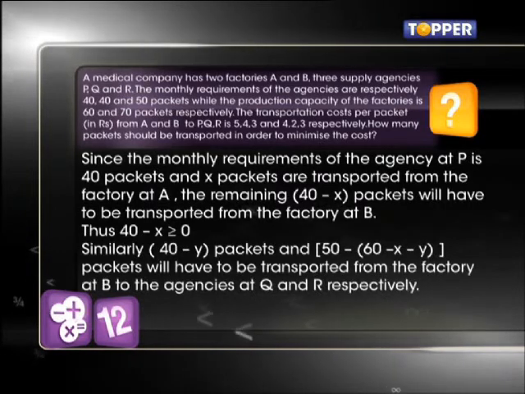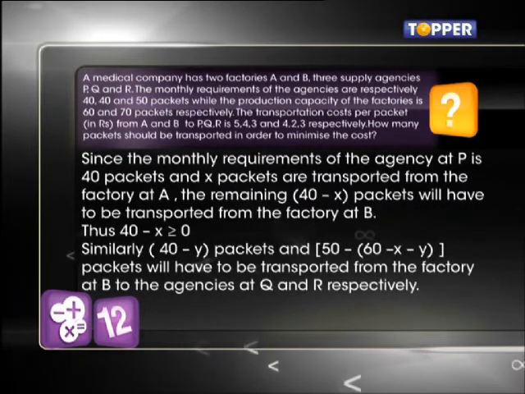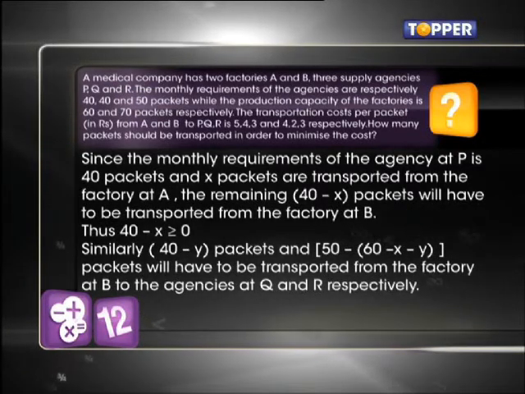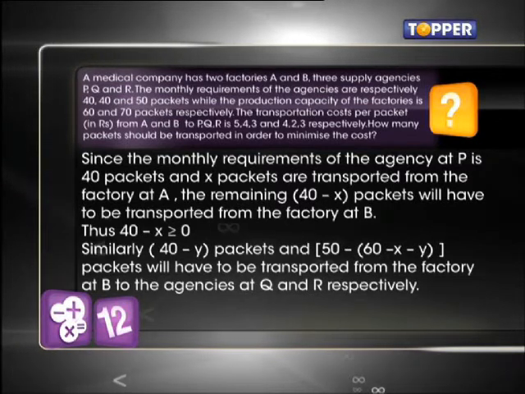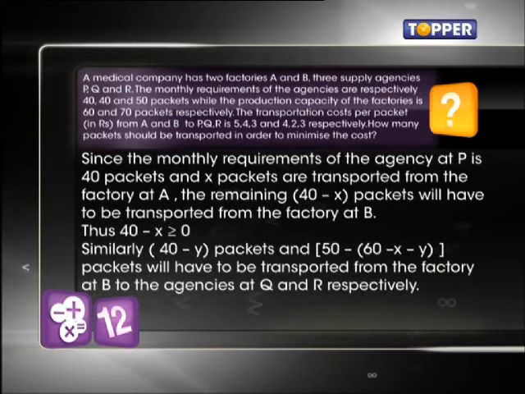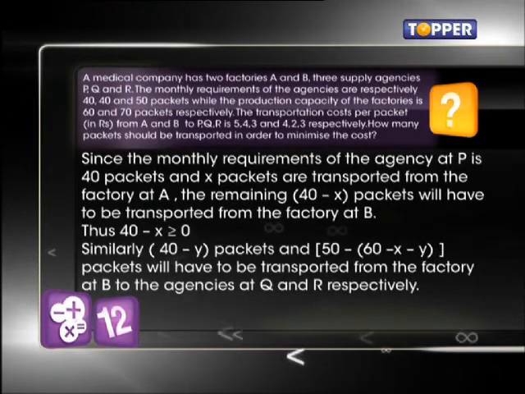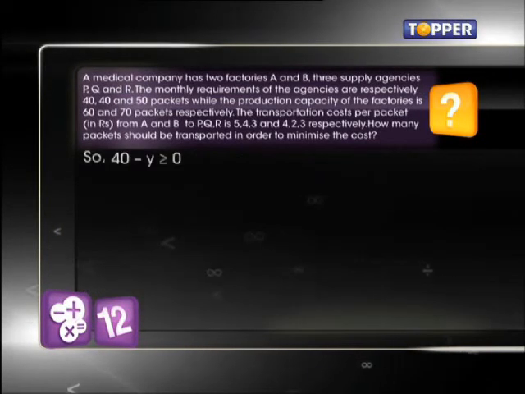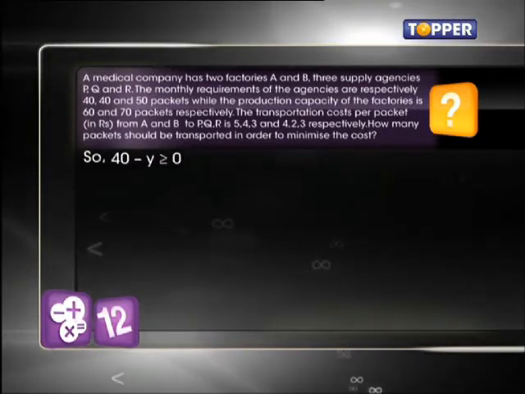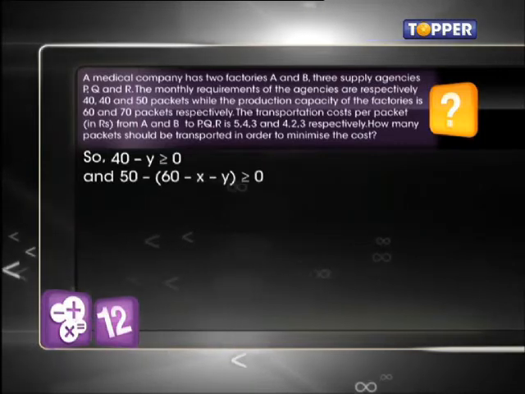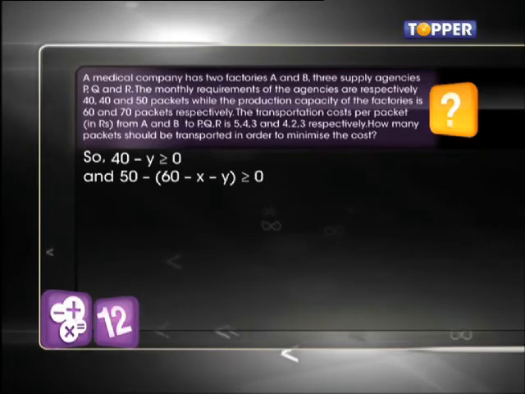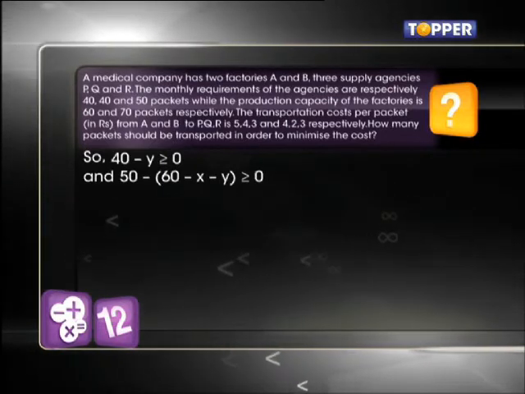Similarly, 40 minus Y packets and 50 minus (60 minus X minus Y) packets will have to be transported from the factory at B to the agencies at Q and R respectively. So, 40 minus Y is greater than or equal to 0 and 50 minus (60 minus X minus Y) is greater than or equal to 0.